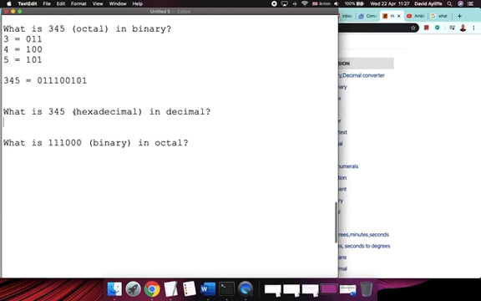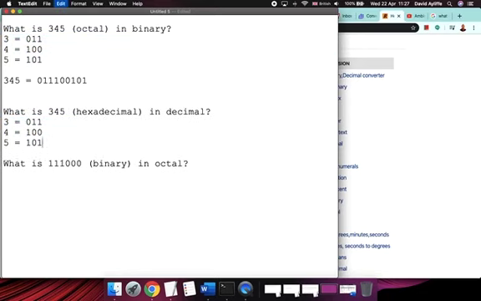So 345 hexadecimal. Right, well, I think we can reuse these. Now hexadecimal, of course, we need the 4th bit.